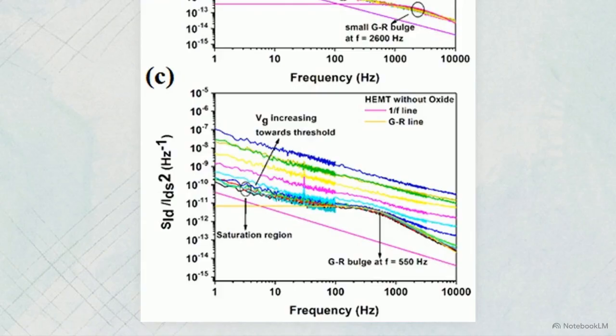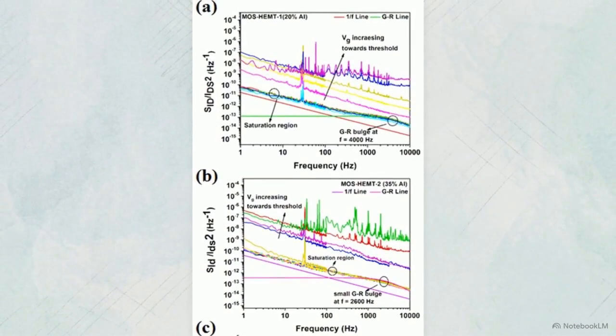In panel C, the standard HEMT shows a prominent generation-recombination bulge at 550 Hz. This bulge is the electrical manifestation of carriers being trapped and released by defects within the AlGaN layer at that specific frequency. In contrast, panels A and B show that the MOS-HEMT profile is significantly cleaner across the spectrum.